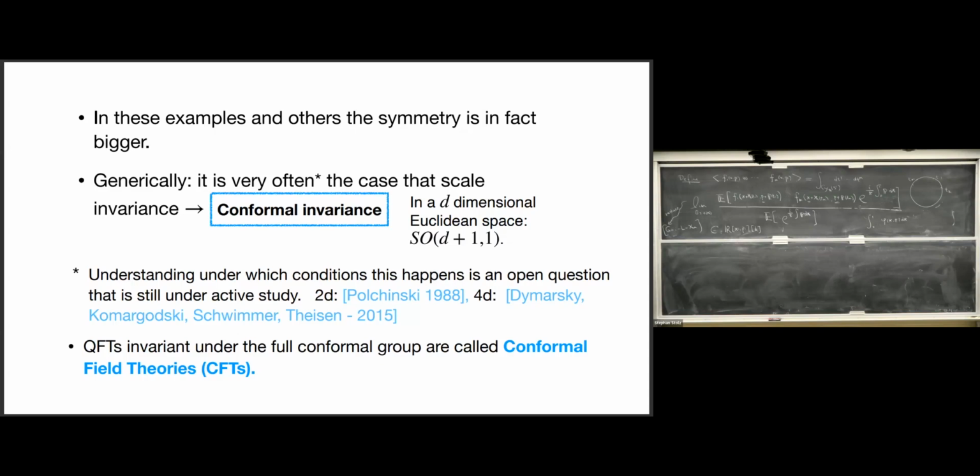Understanding and classifying exactly the conditions under which scale invariance implies conformal invariance is still an open question under active study even these days. Quantum field theories that are invariant under the full conformal group, we call conformal field theories.